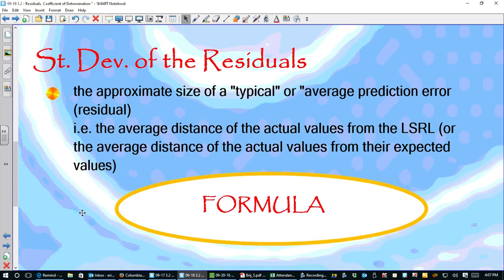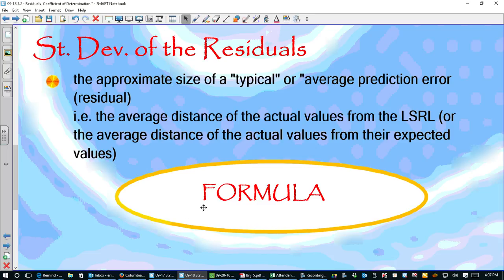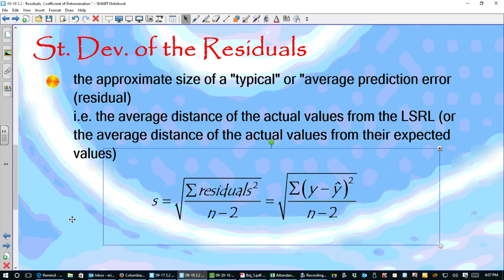The formula is: we take the sum of each y value minus the expected y value, squared, divide it by n minus 2, and take the square root of that. That gives us the standard deviation of the residuals.